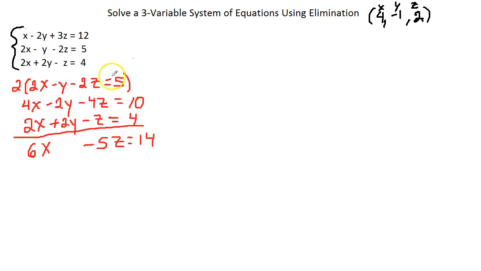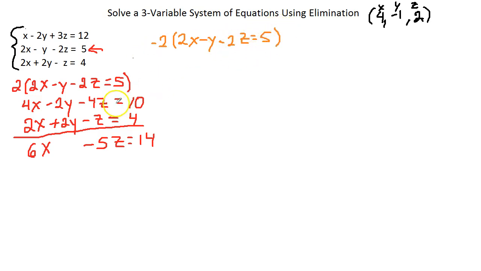Now, I need to do an elimination using the same equation I chose, the second one, with the first equation. And I have to eliminate the same variable, so that means I have to eliminate the y's. I'm just going to choose another color. Let's pick orange. All right, so I'm going to take -2 times my second equation, 2x minus y minus 2z equals 5.